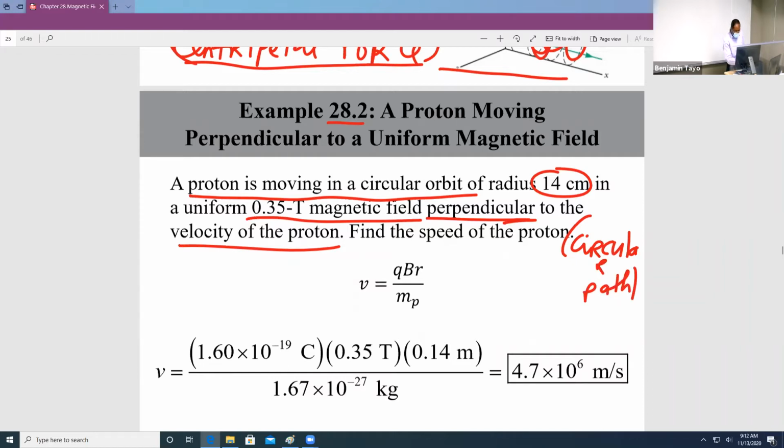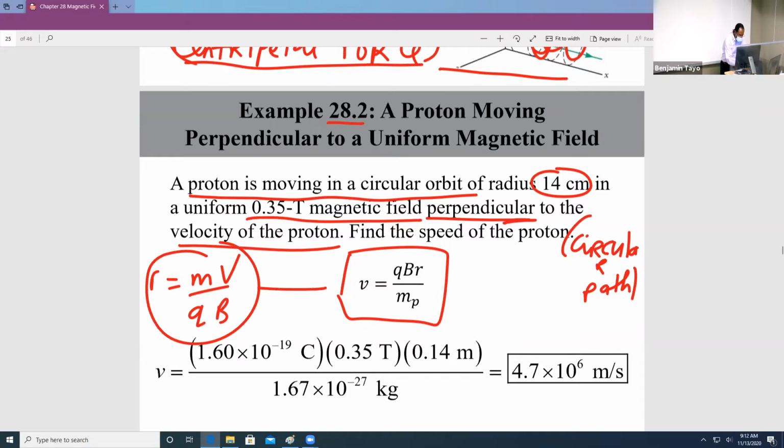So I can go ahead and use this equation here to calculate the velocity. So this equation comes from, again, remember that R was equal to mv over qB. So if you rearrange this equation, you get this equation right here. Because if I know mass, velocity, charge, and the strength of the magnetic field, I can calculate the radius.